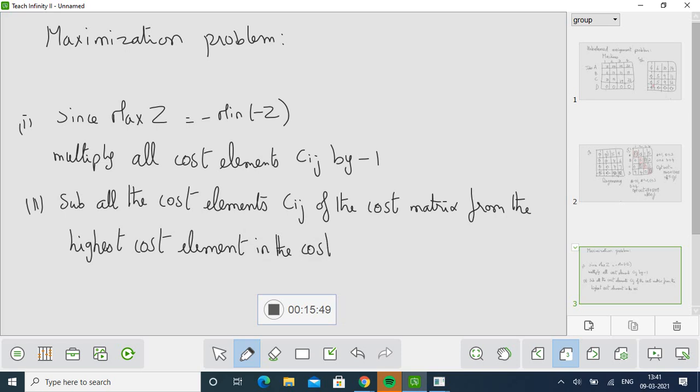So this is what we are going to do. We then proceed to solve using the usual Hungarian method.